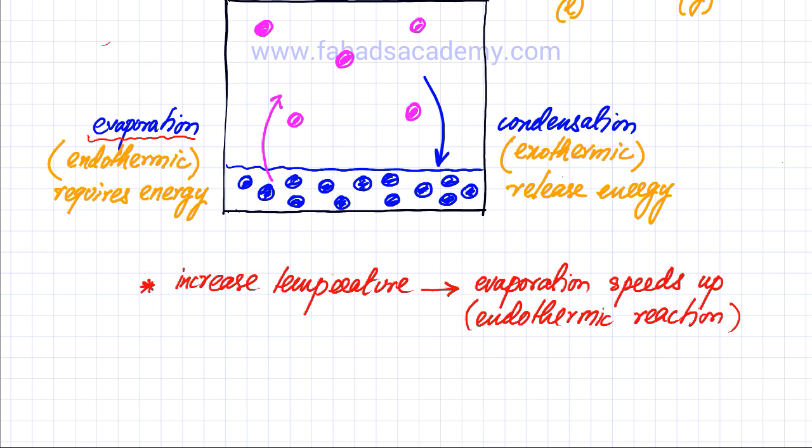Okay. Now instead of using heat, I start decreasing temperature. I can simply decrease temperature by putting this container in a freezer, for instance. If I decrease temperature, the molecules are going to lose energy very fast, because you're basically taking away energy, and these steam molecules would start losing energy, and condensation would become very fast.